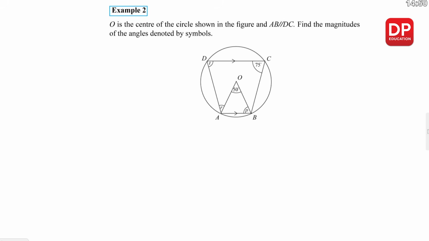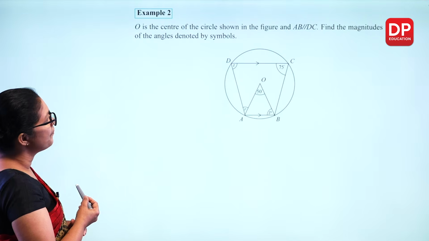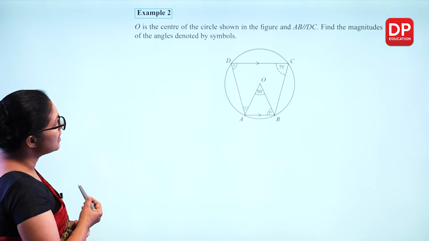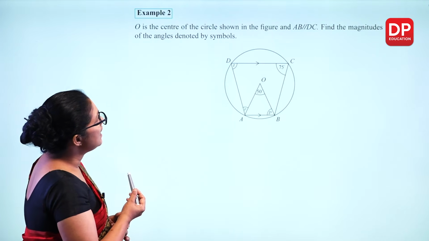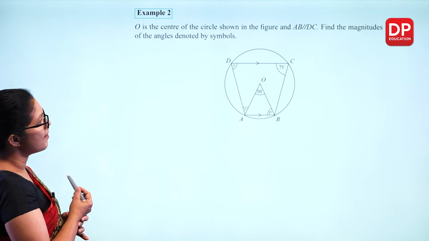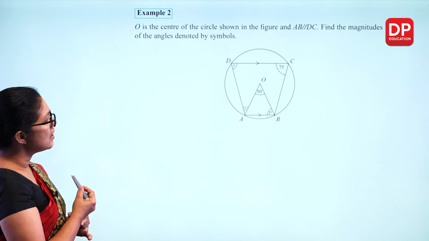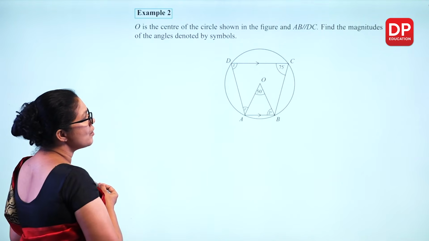Example 2. O is the center of the circle shown in the figure. AB is parallel to DC. Find the magnitudes of the angles denoted by the symbols P, T, R. How can we find the values? Now look at the diagram.